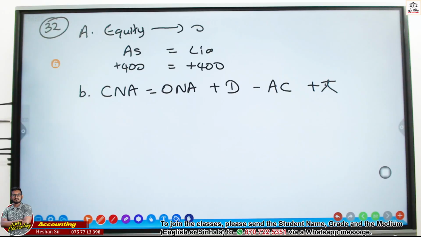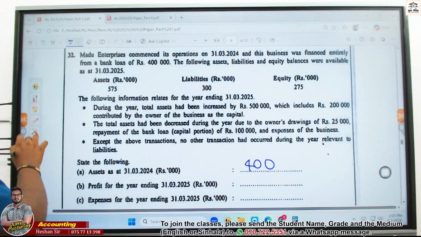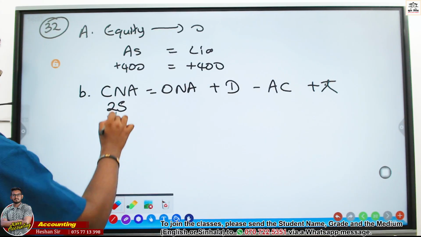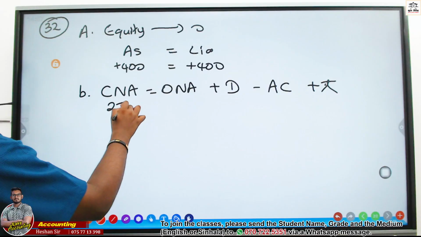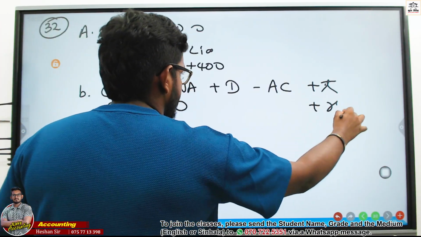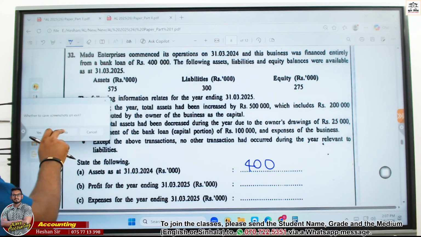Send me a thumbs up, right? So you can see closing net assets is given, closing equity 275,000. Opening net assets 0. You need to find the profit. Drawings in here: owner's drawings 25,000, right?